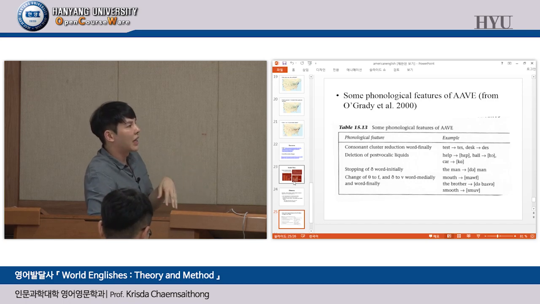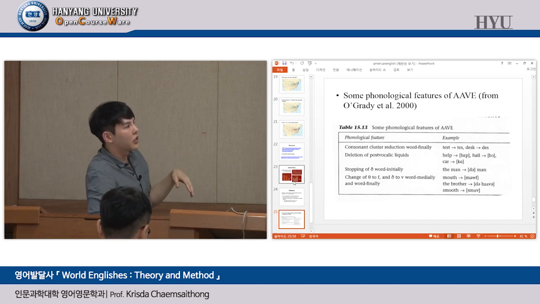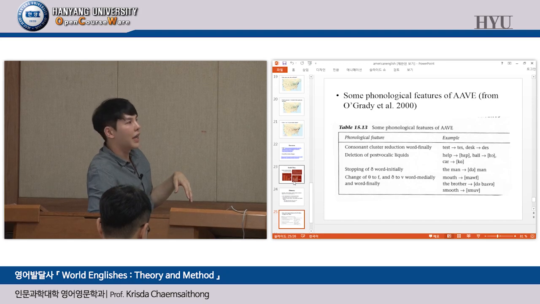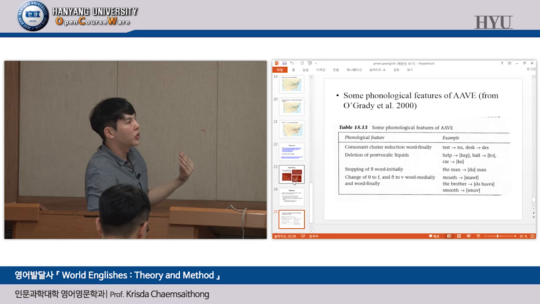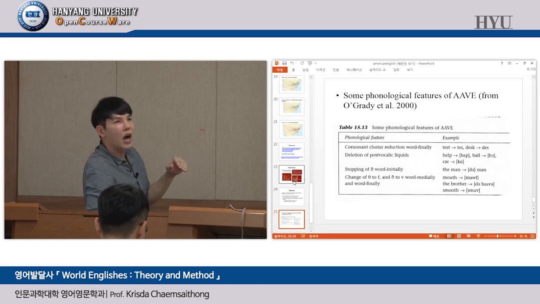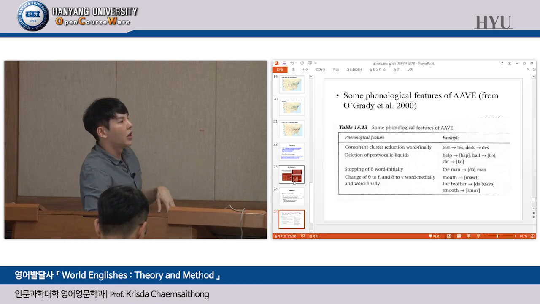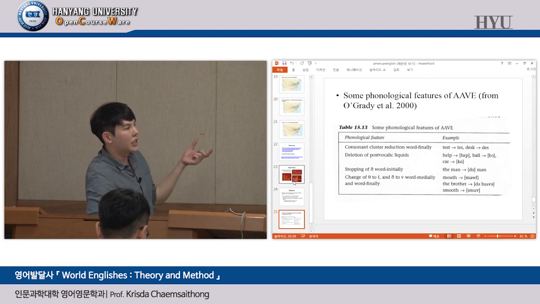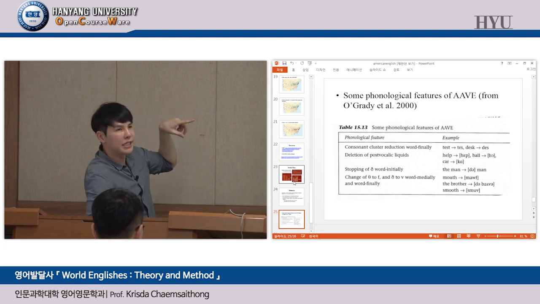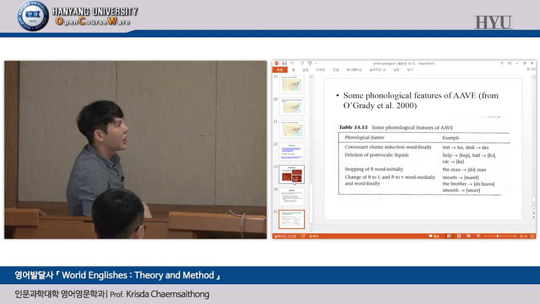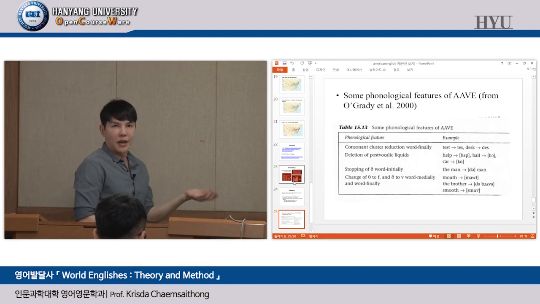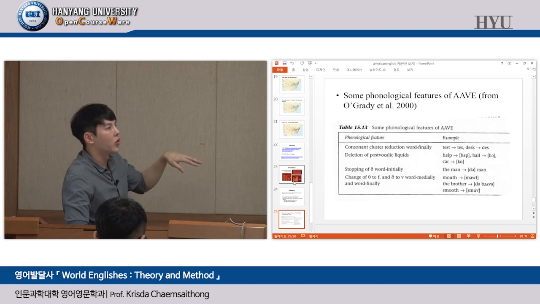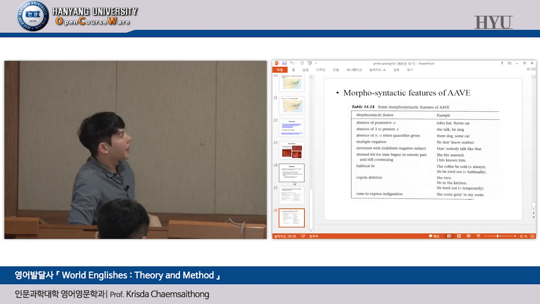Deletion of post-vocalic liquids: the L here is a liquid, so instead of help, we have hep, ball to ba, car to ca. And there are other features, like the TH crossing to D, the man to de man. You don't have to memorize this, but just know that they are different, right?